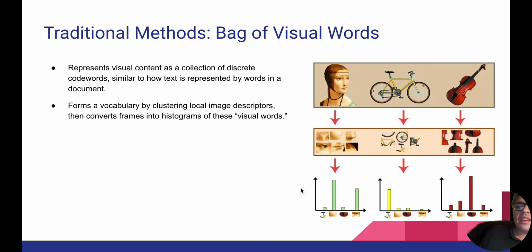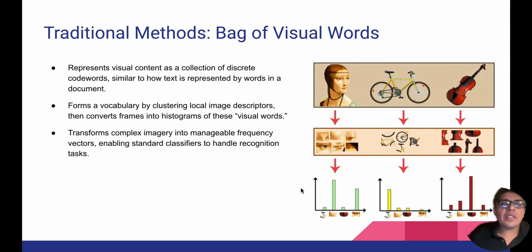If you have more mouths visible, you'll see the count of mouths increase, or with more spokes on a bike, you'll see the number of spokes increase. So it transforms complex imagery into manageable frequency vectors.